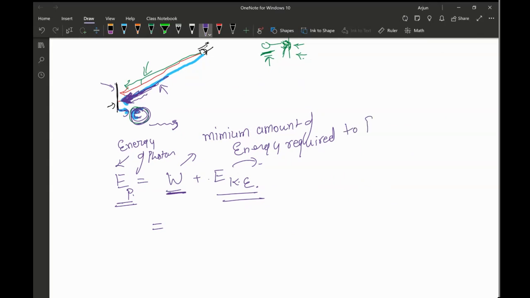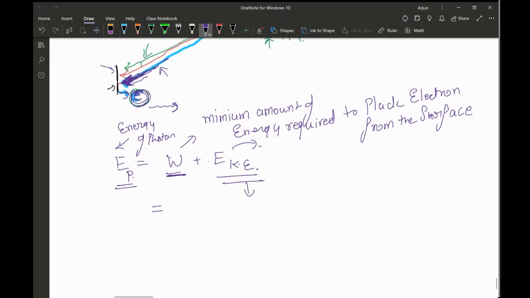And EK is the energy with which the electron will travel.